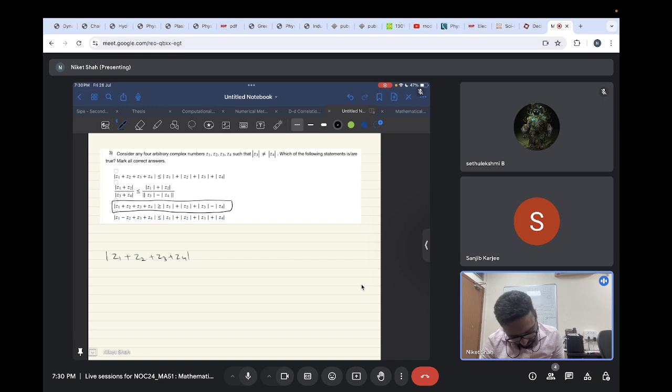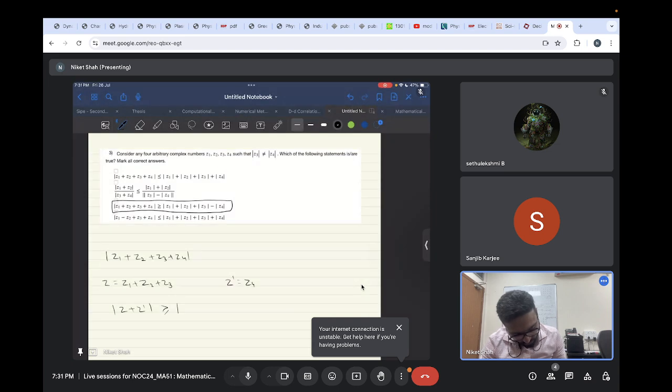Again, what I'll do is I'll take z equal to z1 plus z2 plus z3, and z prime equal to z4. Using the triangle inequality, modulus of z plus z prime is greater than or equal to modulus of z minus modulus of z prime.